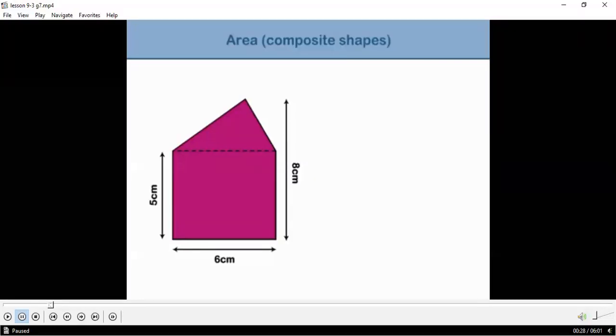Muhammad, do you know the area of the rectangle?